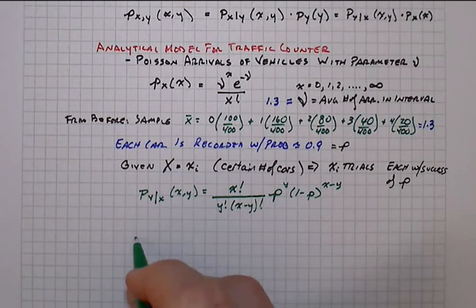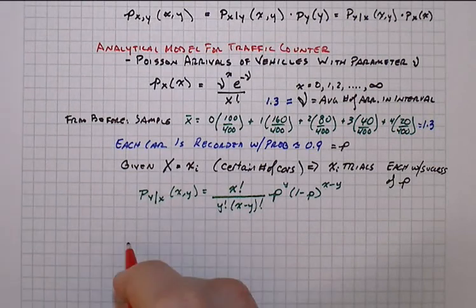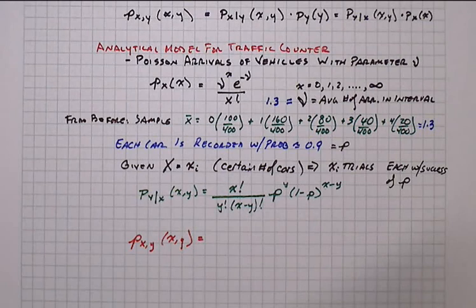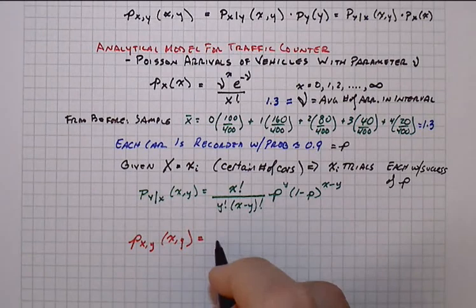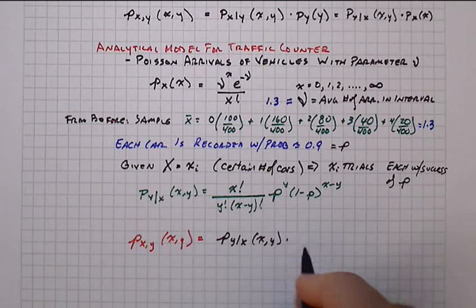So our joint that we were ultimately after here is going to be equal to our p of y given x, our conditional, times our marginal.